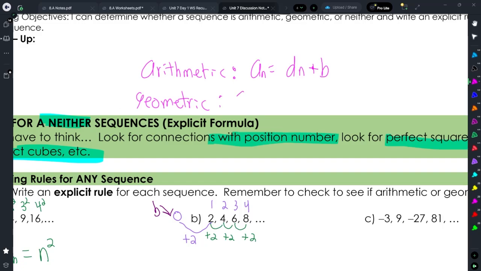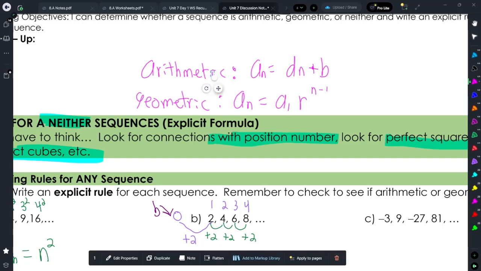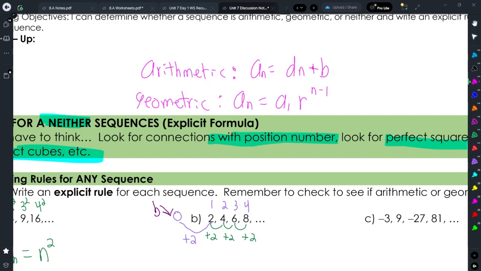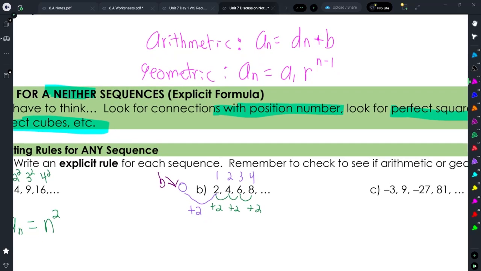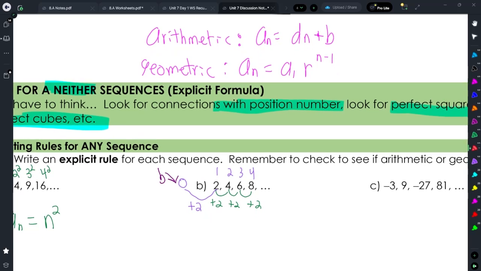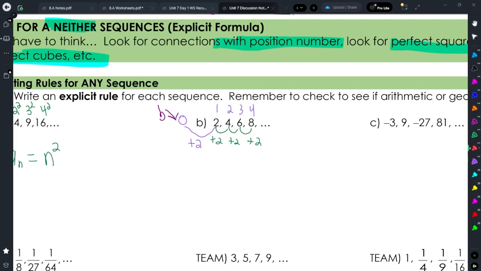And then for geometric, it was a sub n equals a sub 1, the first term, times the r value, or the rate, what we're multiplying each term by, raised to the n minus 1 power. So now going back down here, our b value was 0, and since we're adding 2, that is the d, or the common difference. So a sub n is equal to 2n, and we don't need to add plus 0.